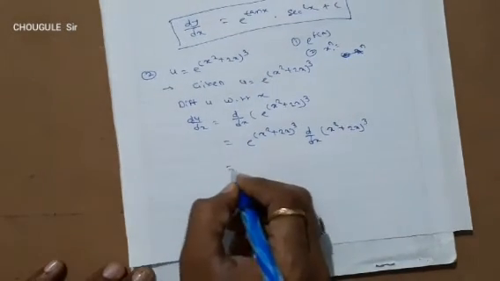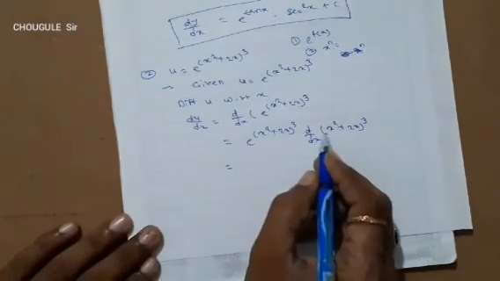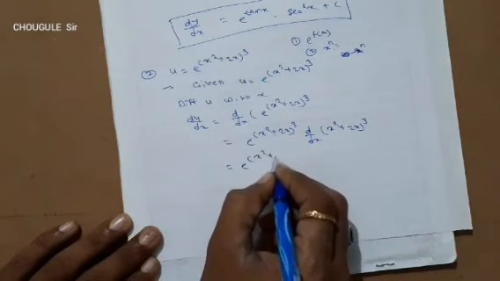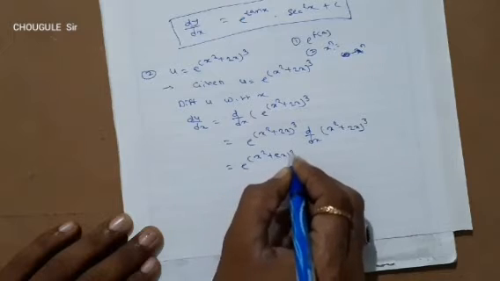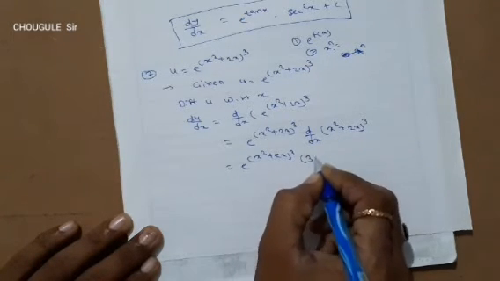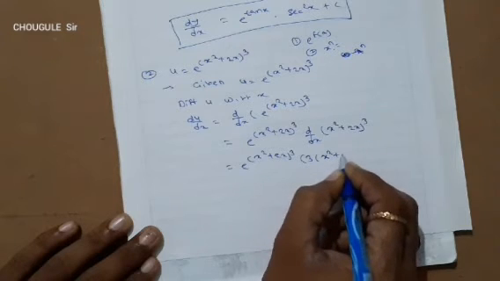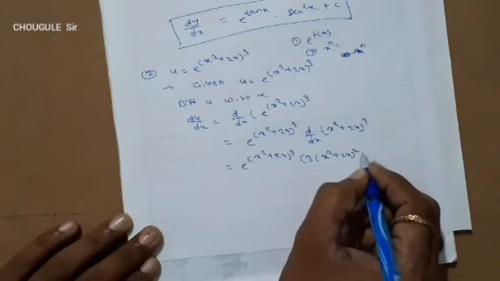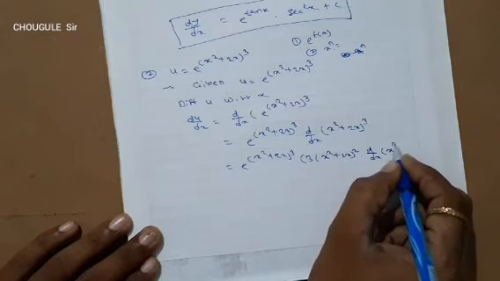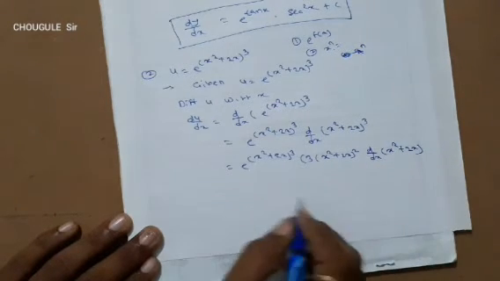Okay, next step: find the derivative of the function. The derivative of 2x to the power 3 will be 3 into x square plus 2x to the power 2, and again the derivative of the function x square plus 2x.